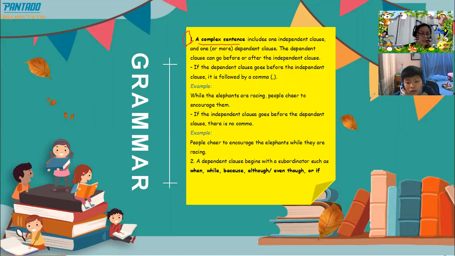Oh, very nice. So this will be a smooth discussion. A complex sentence is composed of an independent clause and one, but it is not limited to only one, or more dependent clause.